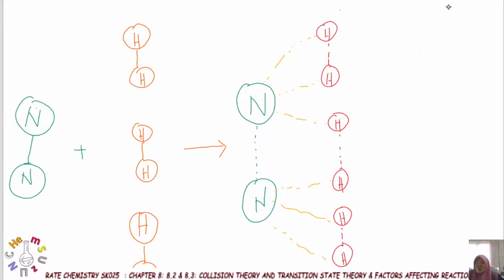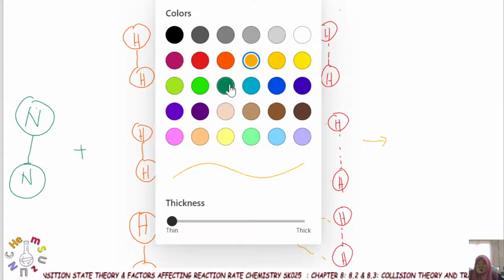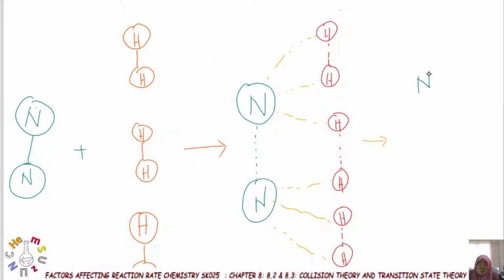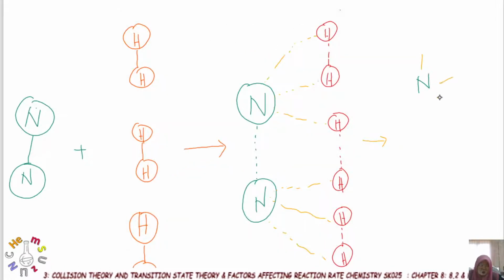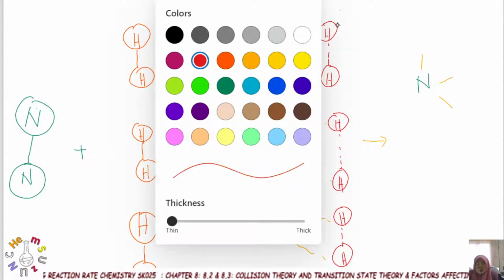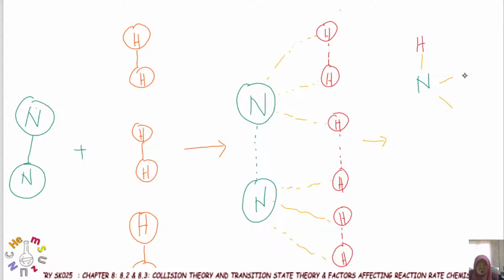Okay, lepas tu daripada sini barulah dia akan bentuk nitrogen, and then dia buat bonding 1, 2, 3. Okay, after that each ni ada 1 hydrogen, 2 hydrogen, 3 hydrogen.